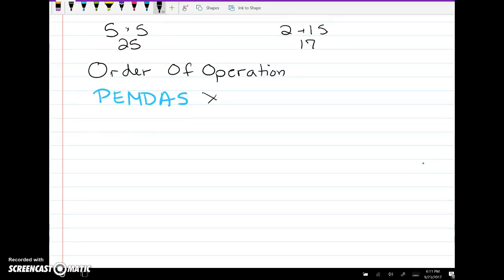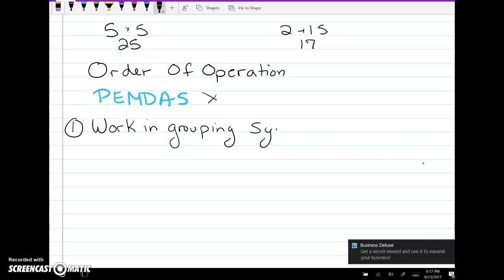First thing you need to know about order of operations. 1, we're always going to work in our grouping symbols. So step 1 is to work in grouping symbols. Now, what are grouping symbols?